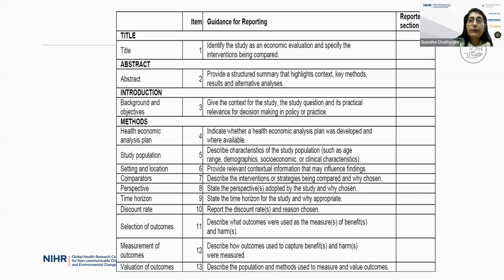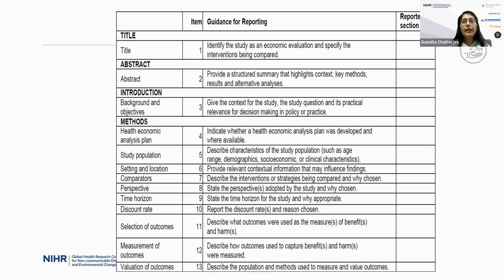So basically you have to have a good title, you have to have an abstract, then in the introduction you have to have a background and objectives. But if you look at the method section, you will see that whatever we spoke throughout these 6 sessions, you have everything. You need to mention all of this, like what is your analysis plan.